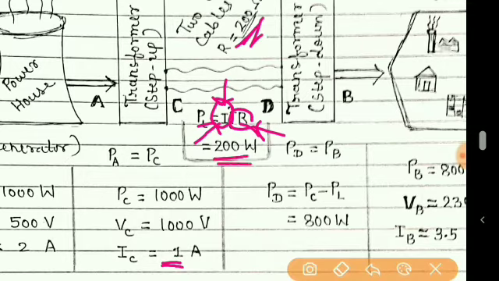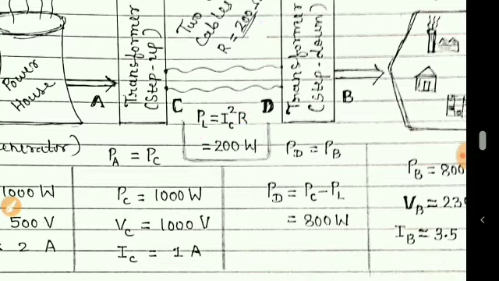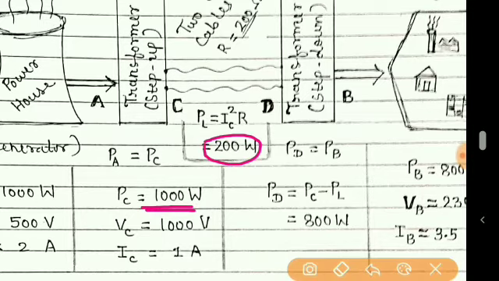So power loss in the form of heat is 200. And so the total power, which was earlier 1000 watt, now 200 watt will reduce, and so power reached at point D, means here, will be 800 watt. So this much power is obtained at point D.